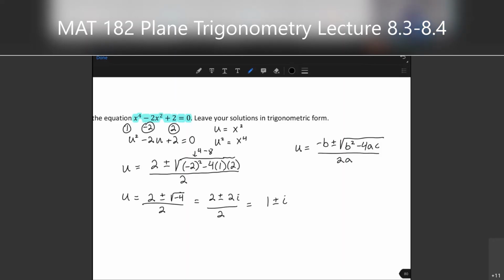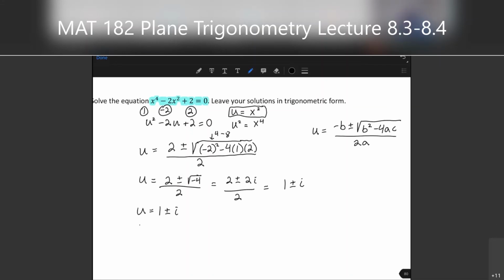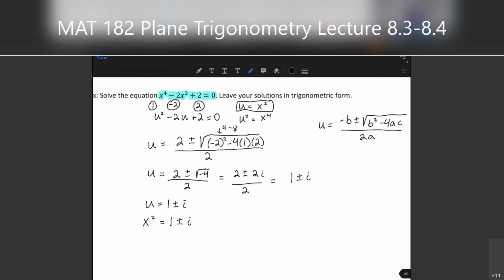So this is our u. If that is our u, let's consider what we have. So u is 1 plus or minus i. And if I consider back to my original substitution, it was u equals x squared. So if this is equal to x squared, I'd actually want to go out and solve for x. I can do one more thing to solve for x, and that would be just to take a square root of both sides.